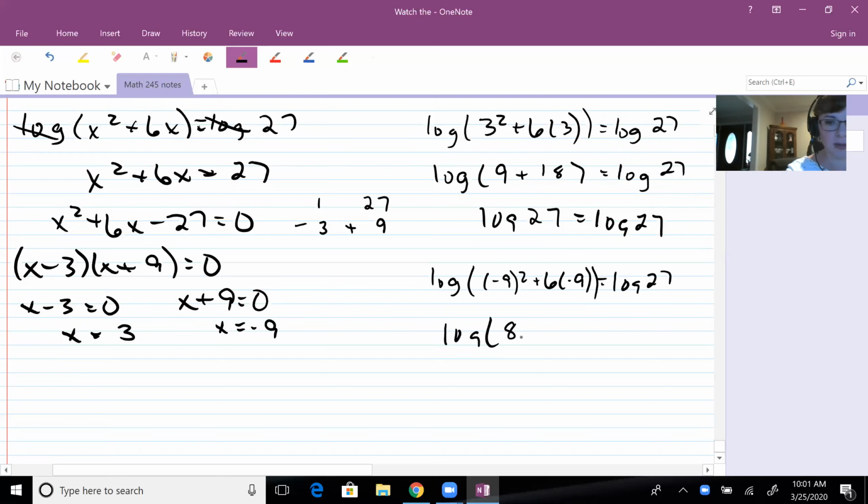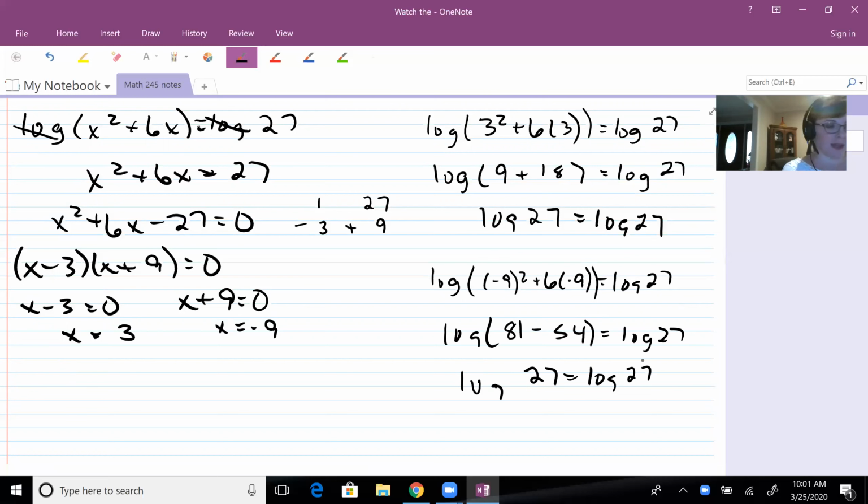So that would be 81. That would be 54. That's negative. 81 minus 54 gives us 27. So that works as well. One thing you do need to consider is you cannot take the log of a negative quantity. Your calculator will yell back at you that it's not able to compute that. So at any rate, checking is very worthwhile because you may have some solutions that do not work out.